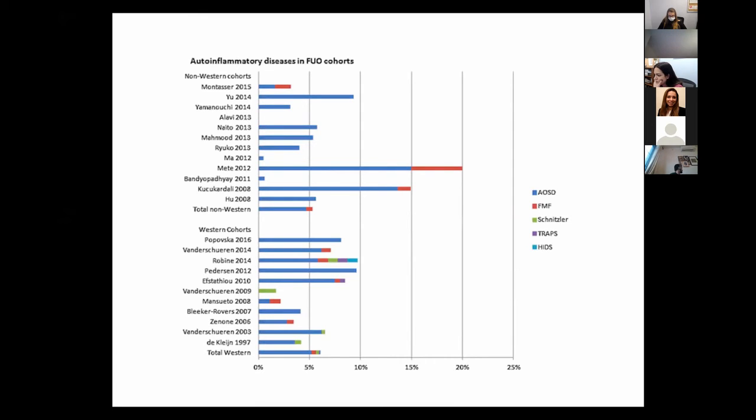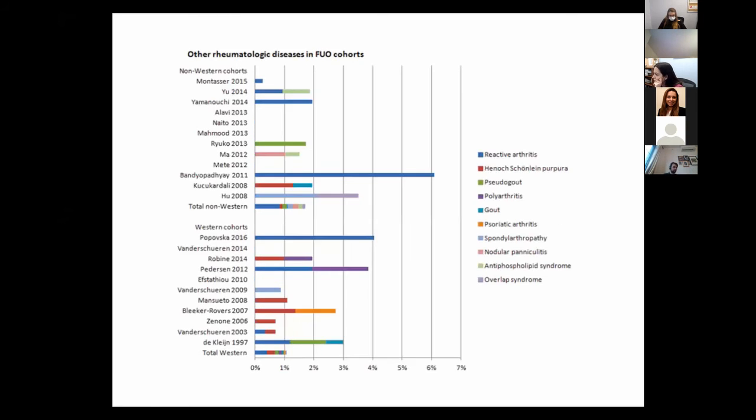And for autoinflammatory diseases worldwide, Still's disease is the most common. There's a variety of other rheumatologic diseases that have been found in these FUO cohorts: reactive arthritis, pseudogout, gout, psoriatic arthritis, but they make up a much smaller percentage overall.